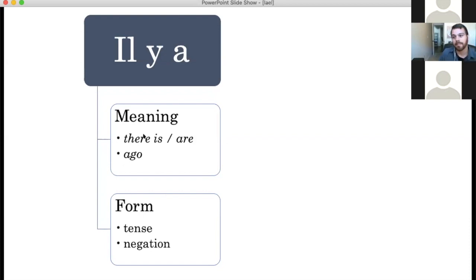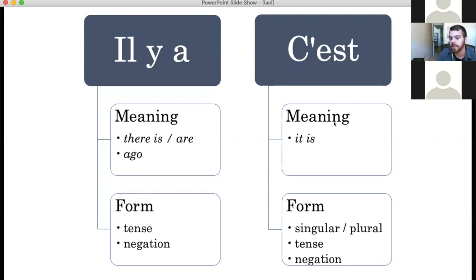It can be modified in a number of ways through tense and through negation and adverbs of negation as well. So we have lots of different possibilities for this to appear. C'est just means it is. And there are also singular and plural forms. There are different tenses of this, of course, and negation and adverbs of negation that can be used with this to modify it.